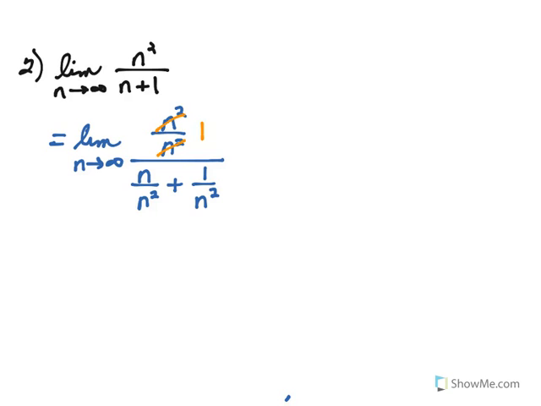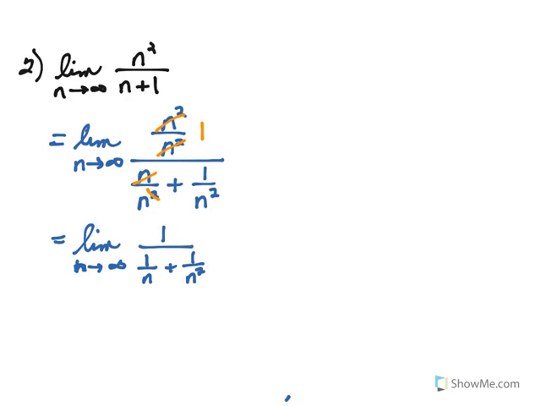So let's just start simplifying what we can. So that simplifies to 1. This simplifies to like 1 over n. Okay, and 1 over n squared we can't do anything to. So let's just rewrite what we have. So we have 1 in the numerator, we have 1 over n here, and 1 over n squared here.